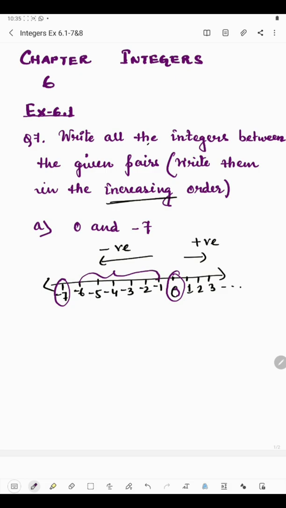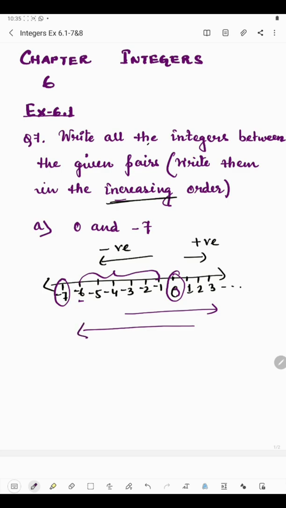And since we will have to start from the smallest number, because it is given that we will have to write the numbers in increasing order, means small to big. Now we can see that -6 is left of all the numbers, so -6 is the smallest number, because when you go towards right, numbers get increased, and when you go towards left, numbers get decreased.